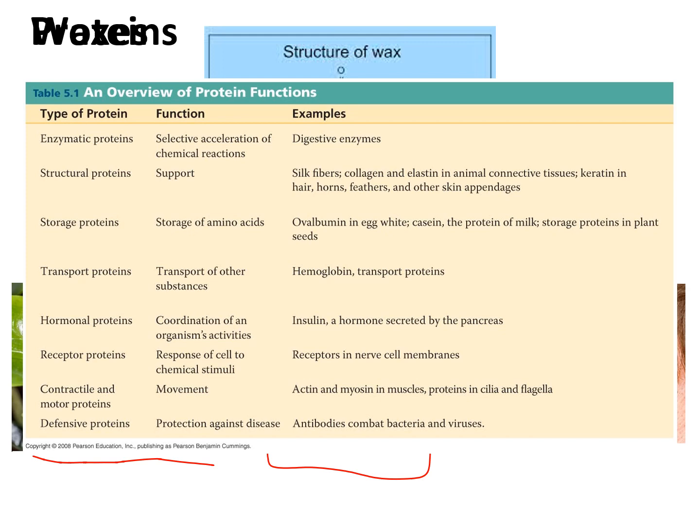So one of the main functions of proteins is to catalyze reactions, to act as enzymes. Also, proteins are involved in structure. So structure for the cell, structure for an organism. They can also store amino acids. They can be used to transport other substances around the body or around the cell. Some proteins act as hormones, and these are molecular messengers sending signals to different types of cells so they can respond.